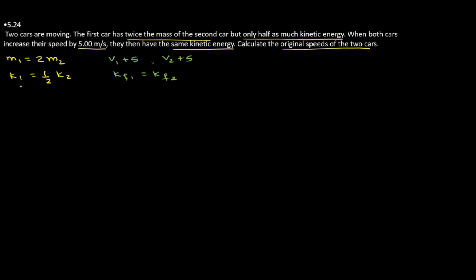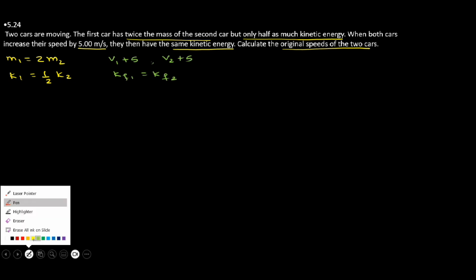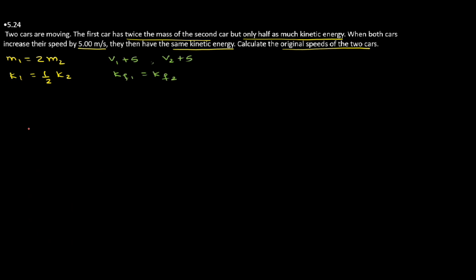We know that the initial kinetic energy of the first car is equal to half the initial kinetic energy of the second. So write their expressions. K1 I will write as half m1 v1 squared equals half K2, which will be half m2 v2 squared.